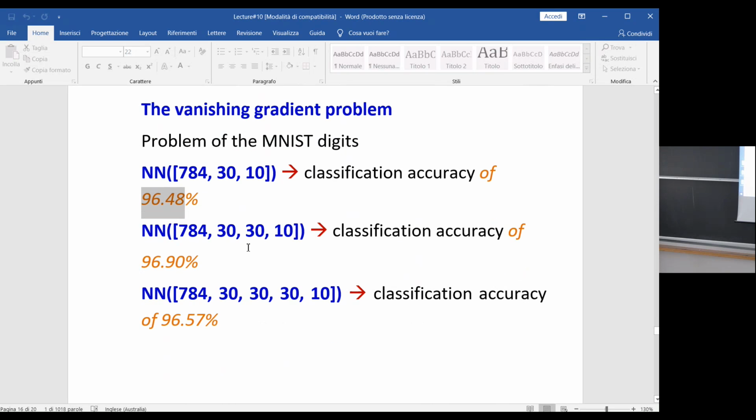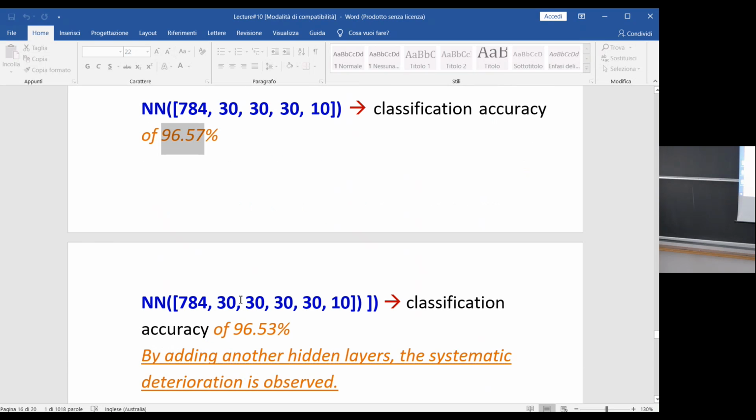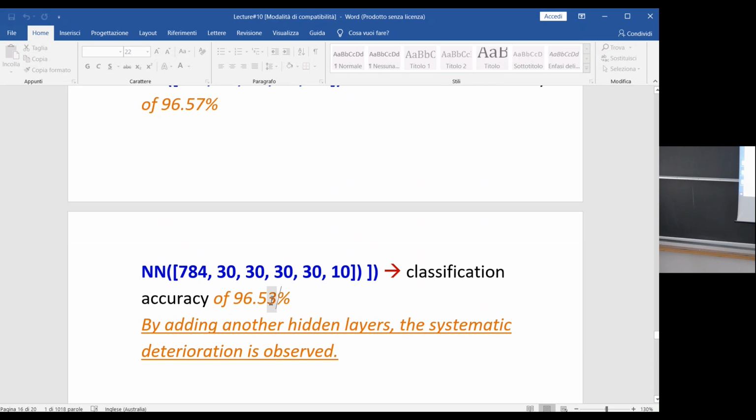Then let us now adjoin a new hidden layer of 30 neurons, and we have some slight improvement. But if we adjoin another layer, we have a drop of our accuracy, and adjoining one more, we also have a slight drop of accuracy.